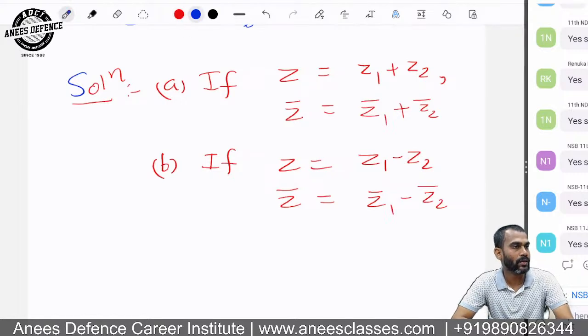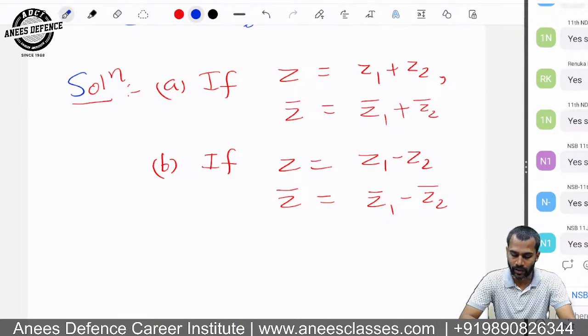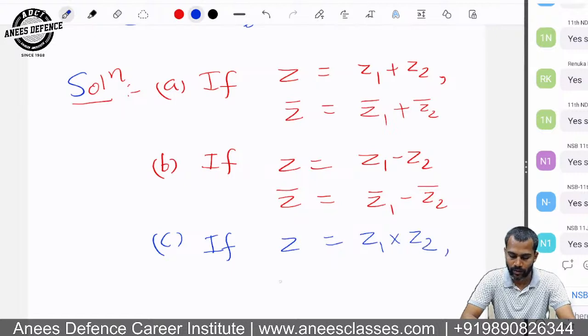So it doesn't matter what is there in between Z1 and Z2, you have to just find the separate conjugates of the complex numbers, and then apply the same operation, whether it is addition or subtraction. In fact, it is true for multiplication and division as well. If Z is equal to Z1 into Z2, then Z conjugate is equal to Z1 conjugate into Z2 conjugate. Is there any doubt?